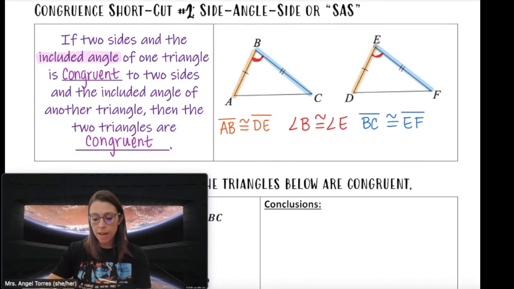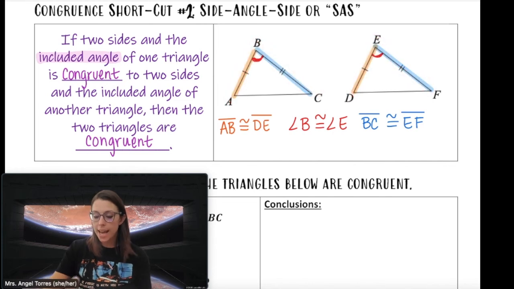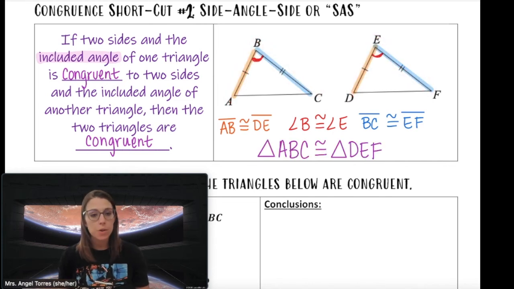So since we have a side, the included angle, and a side, congruent to the side, included angle, and a side, we can say that triangle ABC is congruent to triangle DEF. That's enough information to make that conclusion.